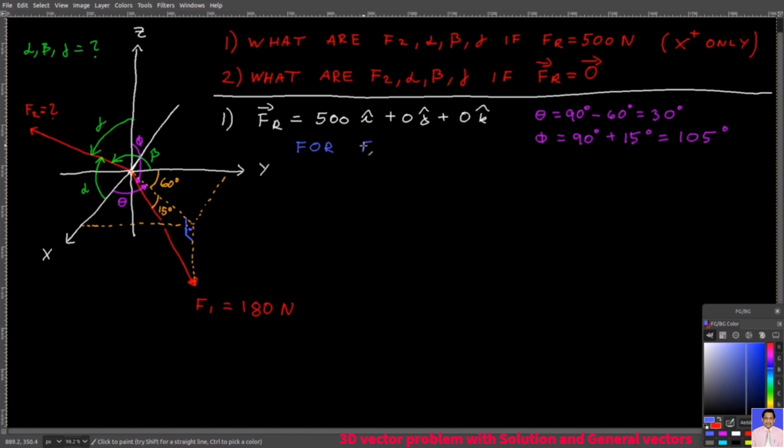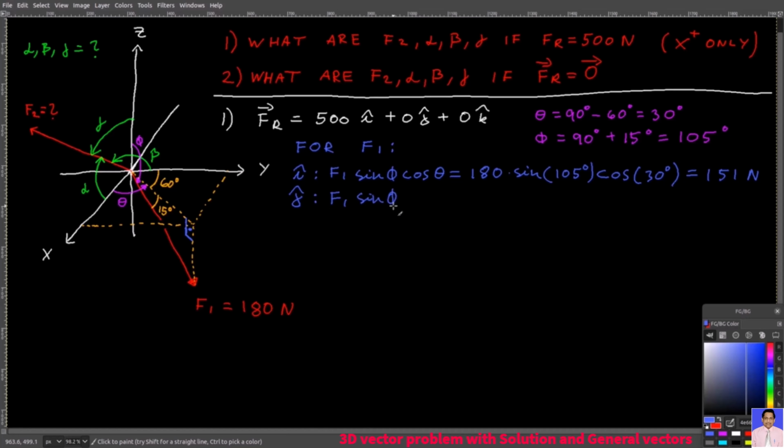So for the F1 vector, the i component will be F1 times sine phi times cosine theta. So it's 180 times all this. That gives you 151 newtons. Then the j component is F1 times sine phi times sine theta.